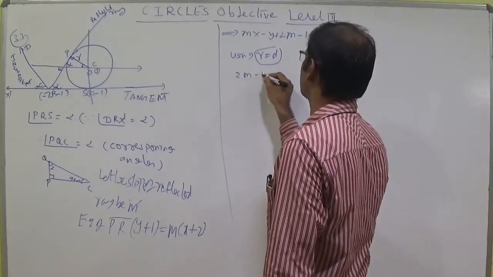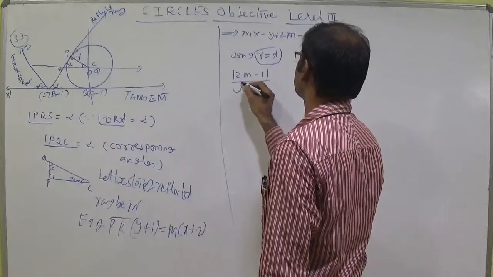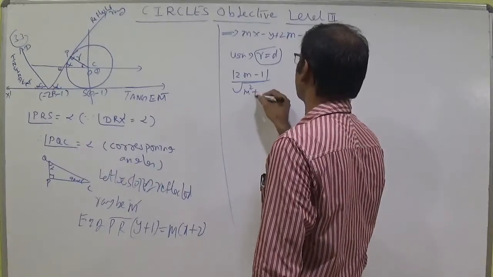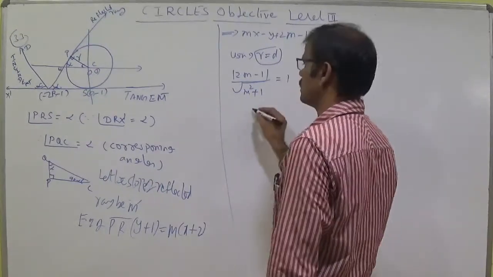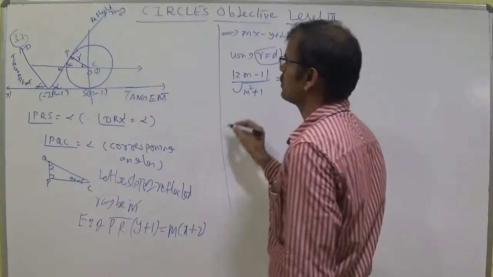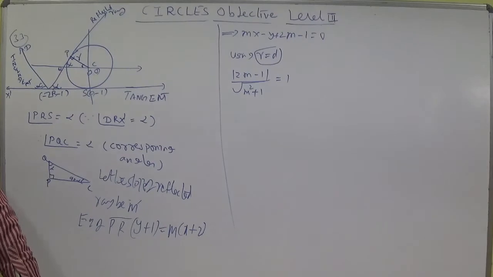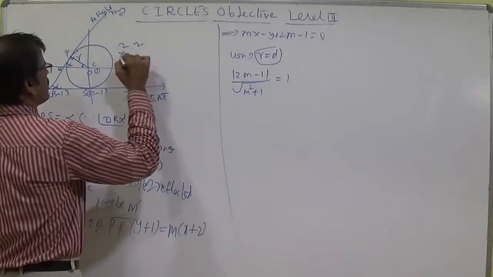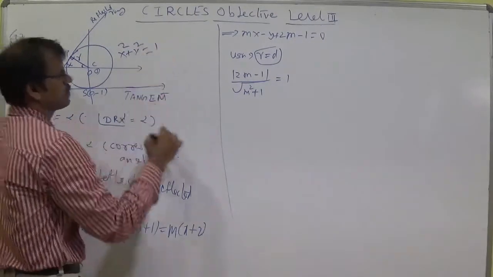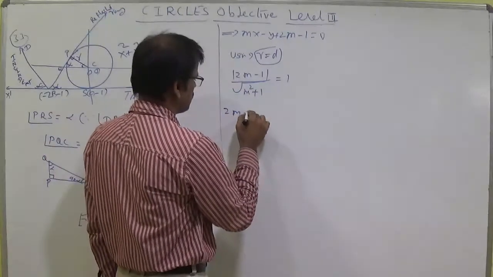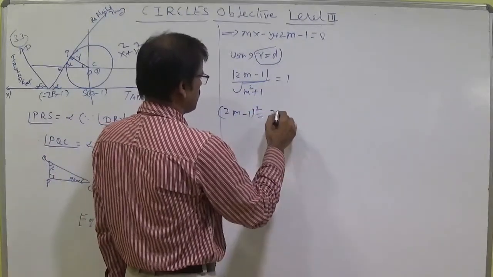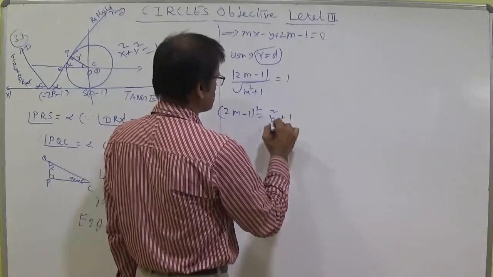So we can write modulus of 2m minus 1 by root of m square plus 1 is equal to the radius 1, for the circle x square plus y square is equal to 1. So 2m minus 1 whole square is equal to m square plus 1.